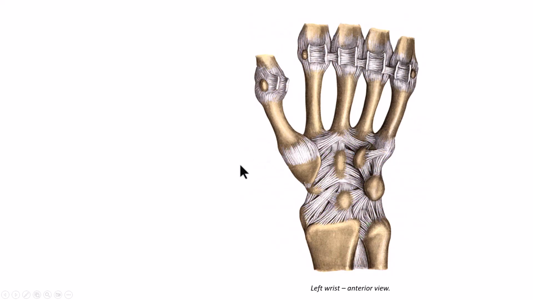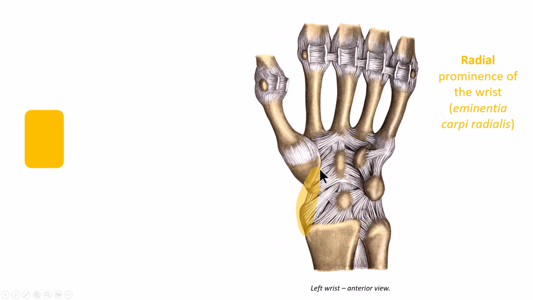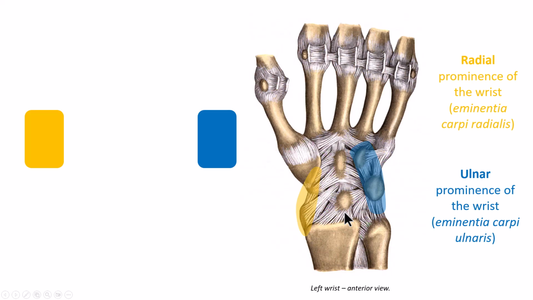Returning to the palmar surface, we will describe here the topographically important structures. Notice the prominent bony points visible in the illustration. On the radial side, the tubercles of the scaphoid and trapezium bones form the radial prominence of the wrist, eminentia carpi radialis, whereas on the ulnar side, the pisiform bone, together with the hook of the hamate bone, form the ulnar prominence of the wrist, eminentia carpi ulnaris.